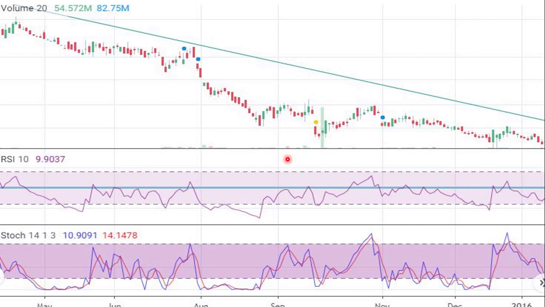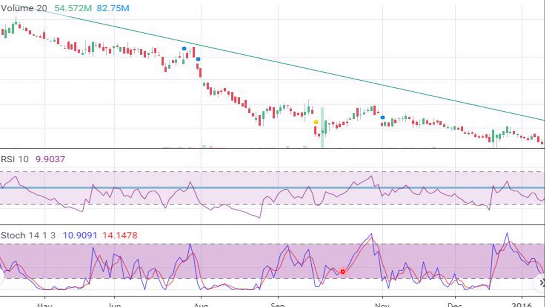This indicator has 3 parts. In this indicator, this zone is the oversold zone, and also this area is the overbought area. We also have a K line, which is the blue line. This blue line is called the K line, and this red line in this indicator is called the D line.